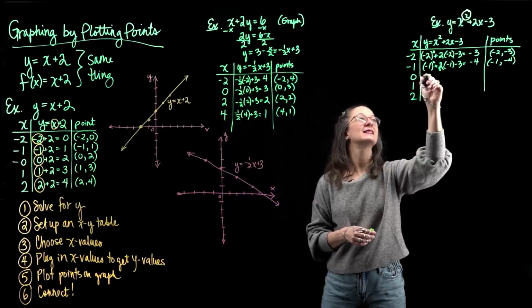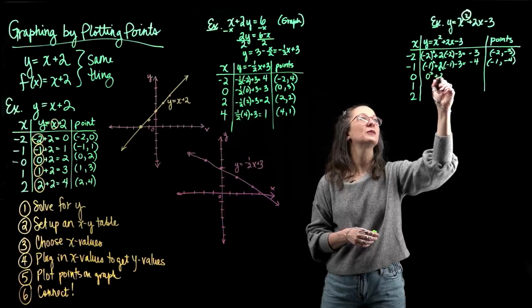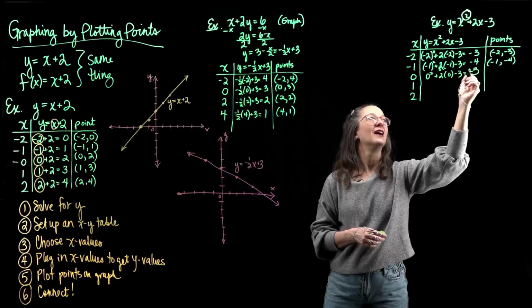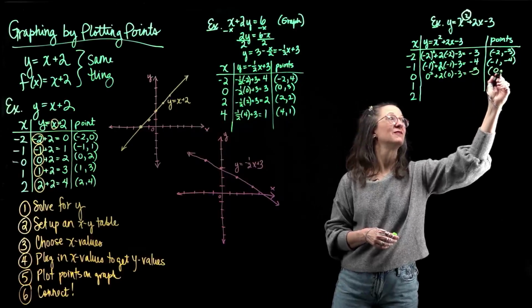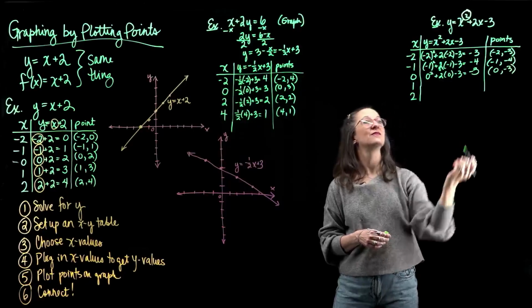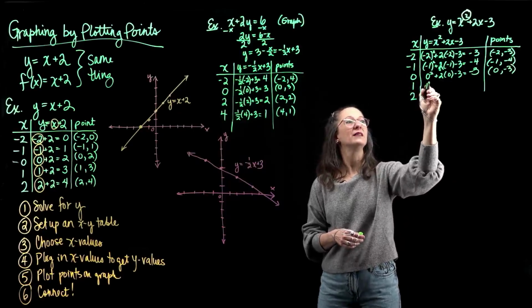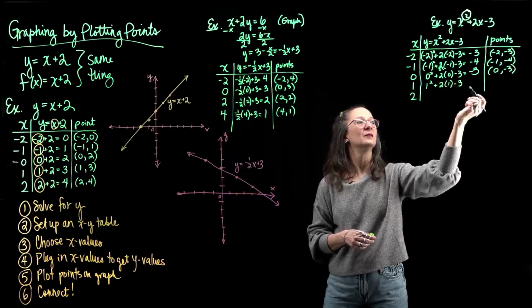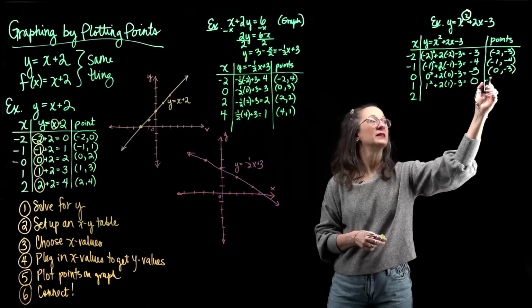All right, when x is 0, we have 0 squared plus 2 times 0 minus 3. That's just going to be negative 3. And when x is 1, I have 1 squared plus 2 times 1 minus 3 would be 0.